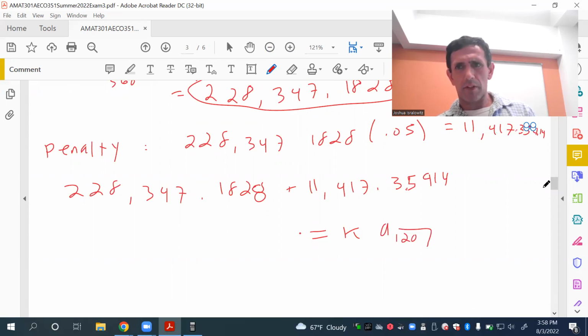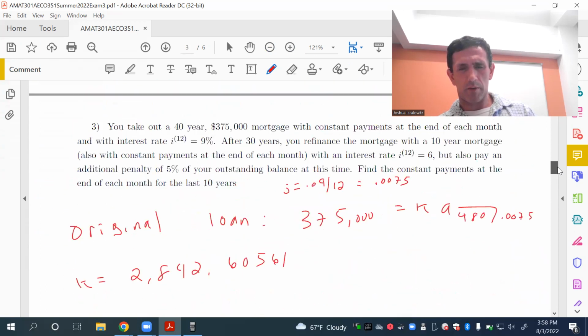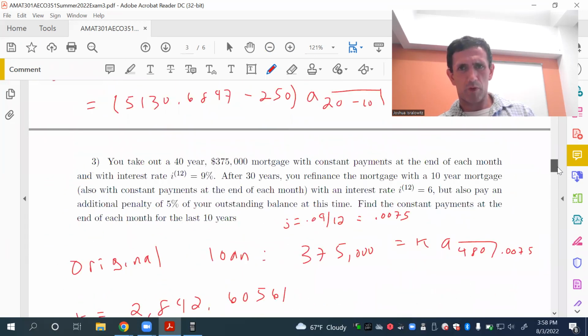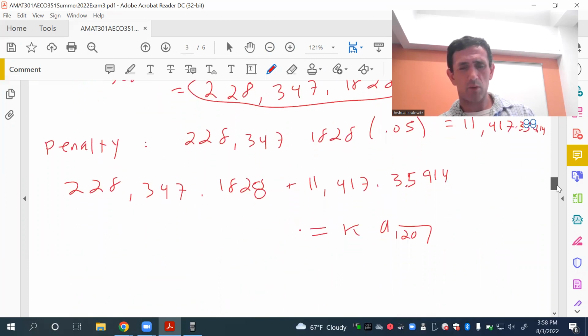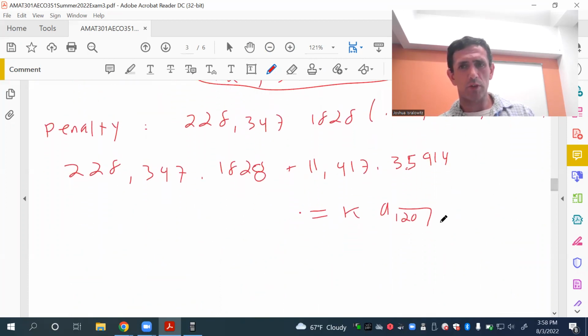We're given that the interest rate for this refinance mortgage is 6% nominal, 12 months. So the actual monthly interest rate, divided by 12, 0.06 over 12 is 0.005.